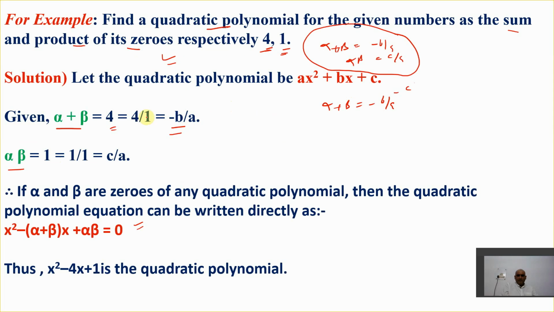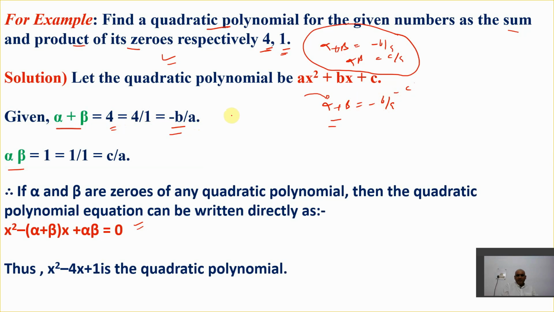Now see this. How will I find it? This sum of roots is equal to this actually. So whatever value we get for alpha plus beta, that value will be equal to minus b by a. That is for sure. Now here, alpha plus beta is equal to 4. That must be equal to minus b by a.